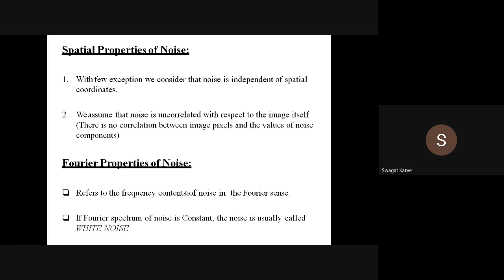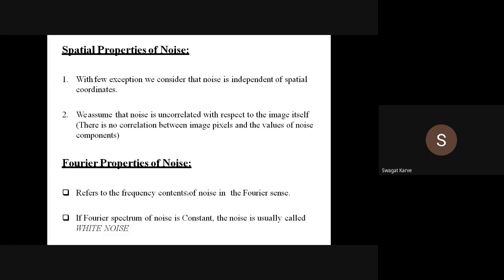The second property is that we assume noise is uncorrelated with respect to the image itself. That means there is no correlation between image pixels and the values of the noise components. These are the two properties we consider for the spatial domain.